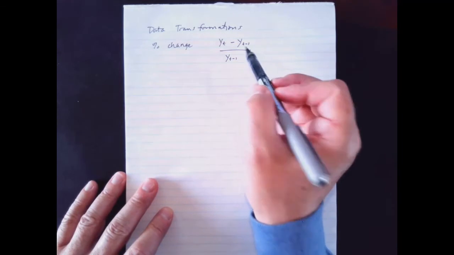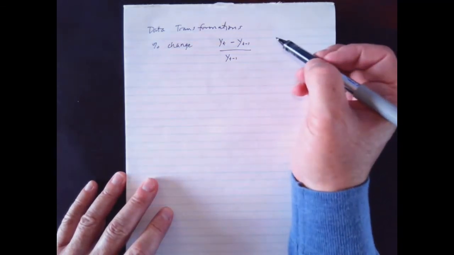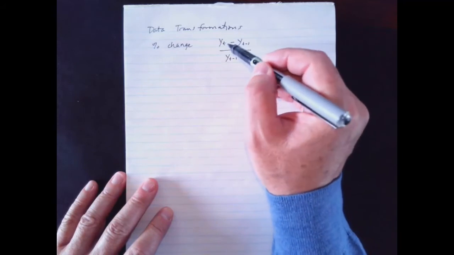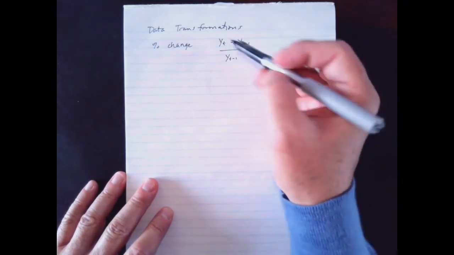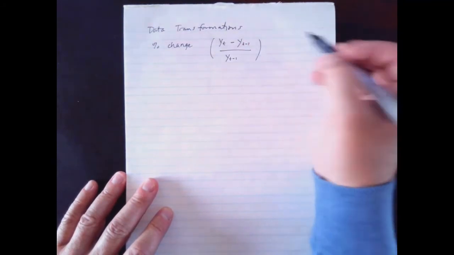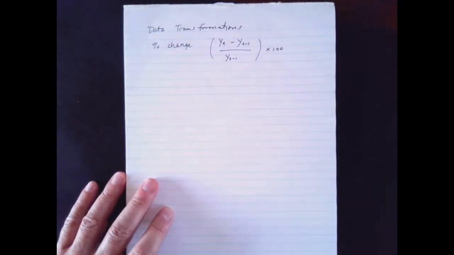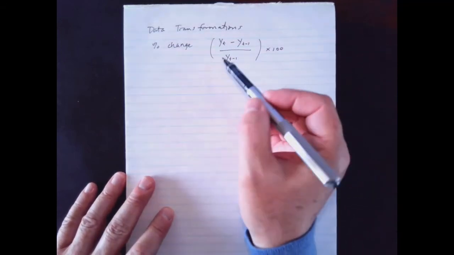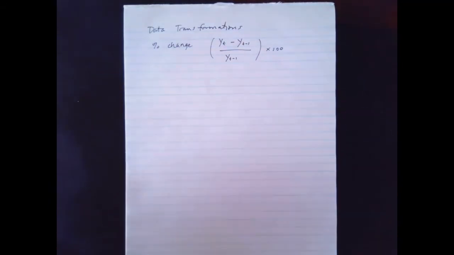So yt minus 1 is last period's observation. If this was daily stock prices, then that would be today's closing price, and this is yesterday's closing price. You divide by yesterday's closing price, and that gives you the percentage change, so you can multiply it by 100 if you like. That gives you a series of numbers. Maybe it went up by 5% or down by 5%.